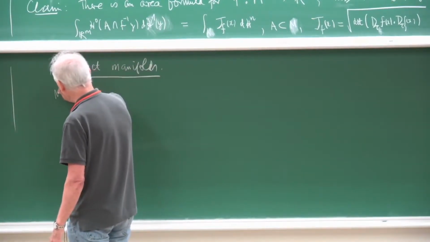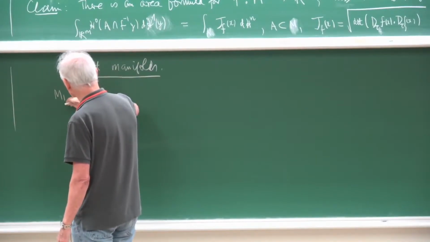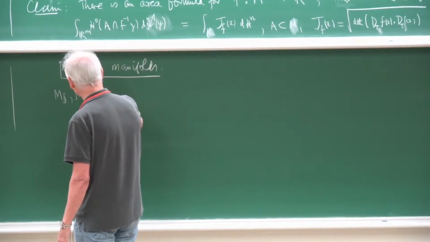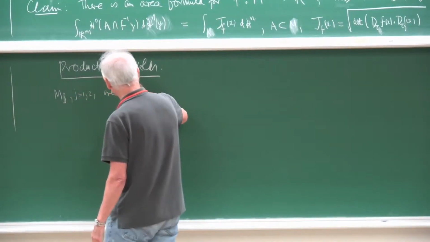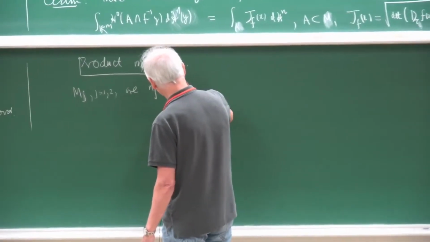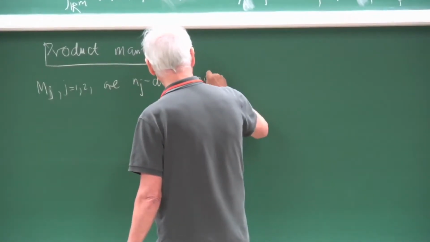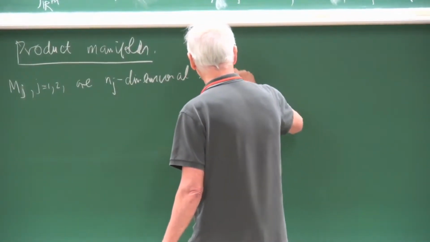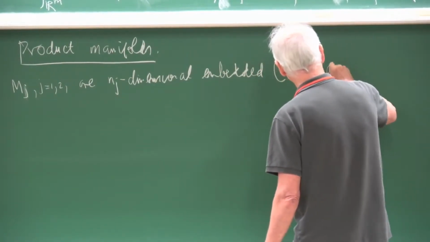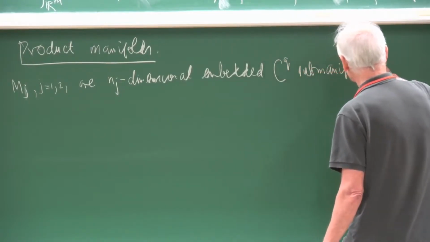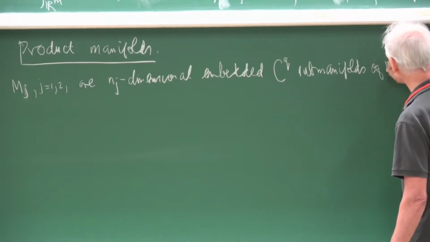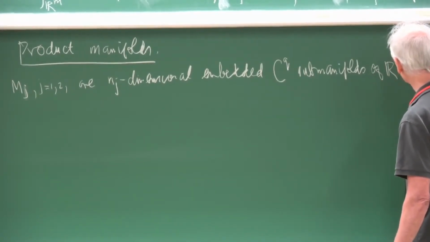So suppose that Mj, for j equals 1, 2, are nj dimensional embedded C^q submanifolds of R^(nj+kj).